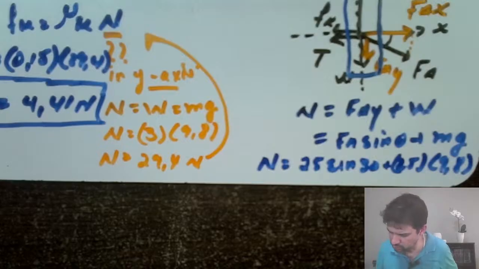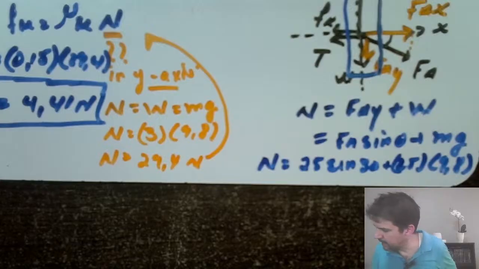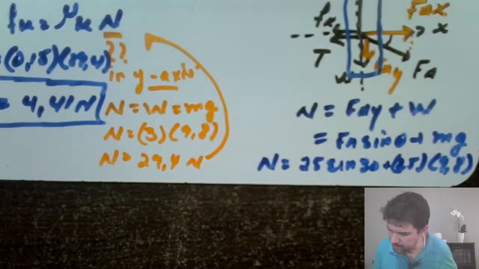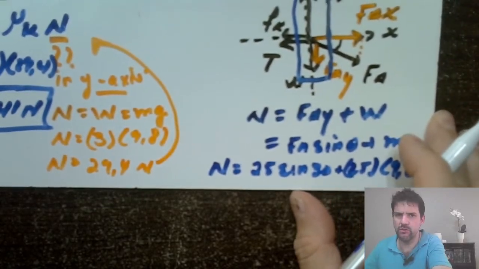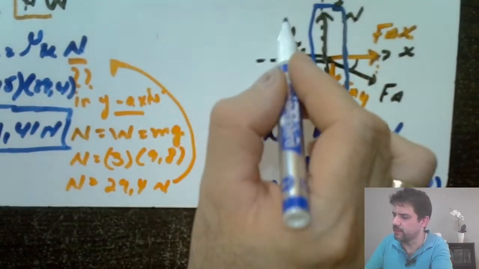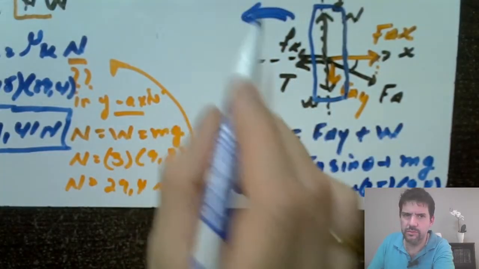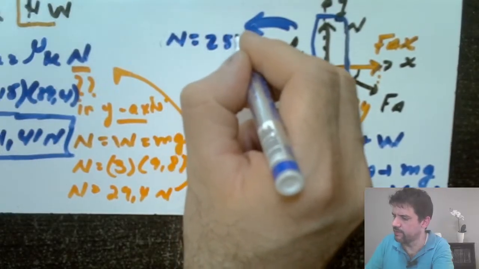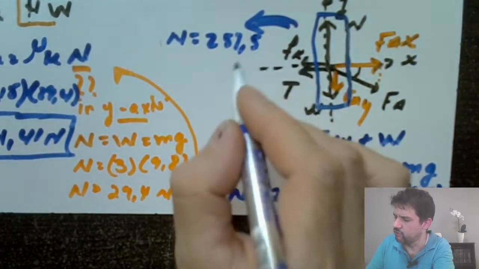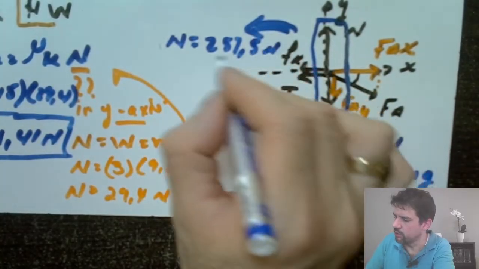So if we substitute, we have 25 sine of 30 plus 25 multiplied by 9.8, I get 257.5. I get that the normal in this question is equal to 257.5 Newton. That is the normal.